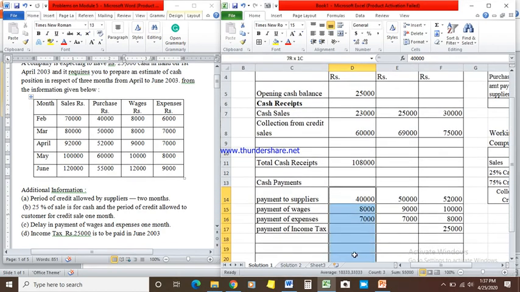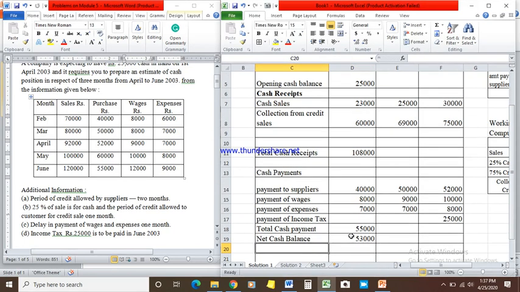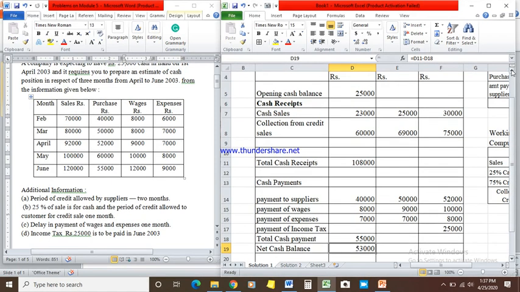Similarly, I'll take the payment total, which is total cash payment. The difference between these two will be my cash balance, the net cash balance from total receipts minus cash payment. So you get 53,000.